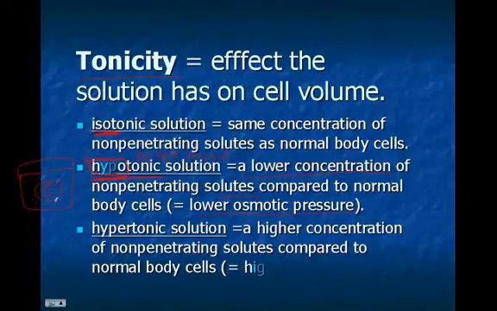Now, hopefully, some of you can guess what would happen to the cell in this case. If we have lower solute in the solution surrounding the cell, that leaves more room for water. And if water is in a higher concentration outside the cell than inside the cell, where's water going to move? You guessed it, down its concentration gradient into the cell. So that's what we call a hypotonic solution.